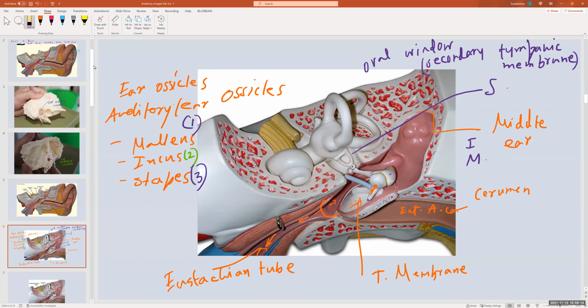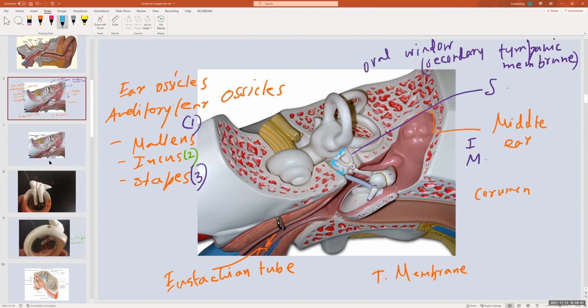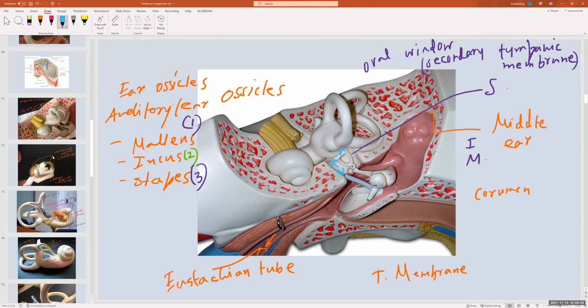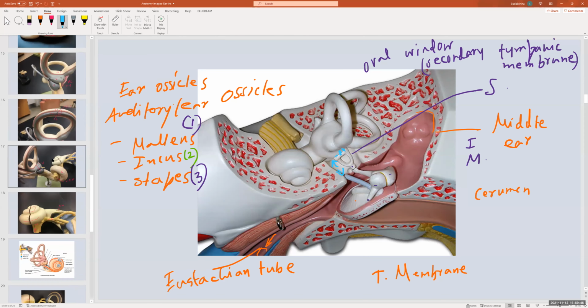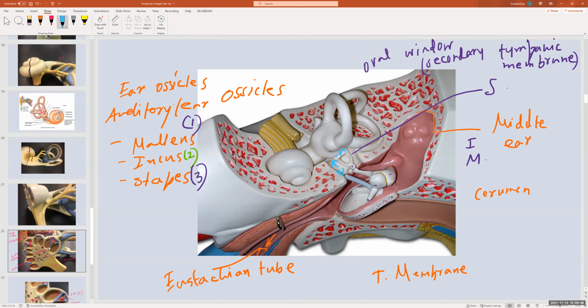So vibration of the stapes is not left and right or side to side, but front and back. It keeps pushing on that secondary tympanic membrane. When secondary tympanic membrane is being pushed like that, what is it going to hit on? Secondary tympanic membrane basically is going to hit on the scala tympani.